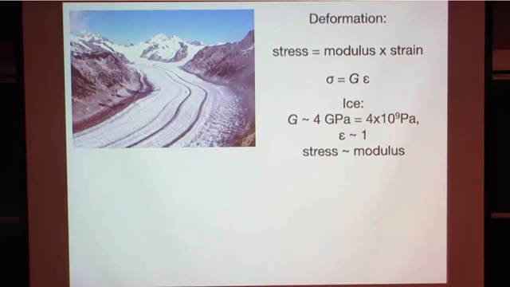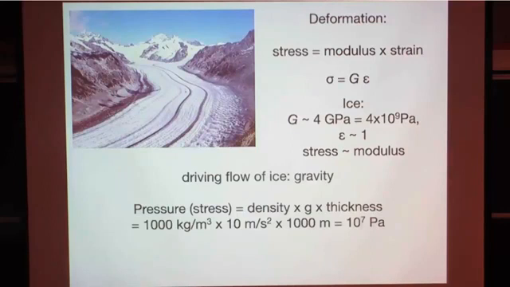The driving force is gravity here, and then we can calculate the pressure or stress, which is just rho g h: density times acceleration of gravity times the thickness of the glacier. The density of ice, in round numbers, is 1,000 kilograms per cubic meter. Let's assume a thickness of 1,000 meters.